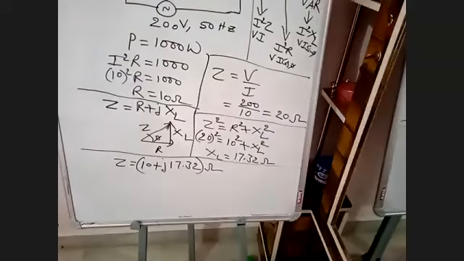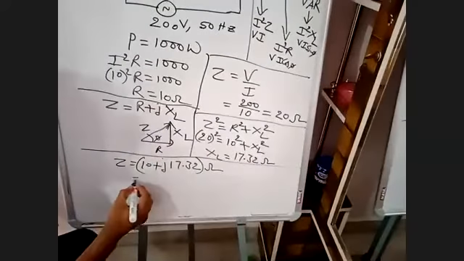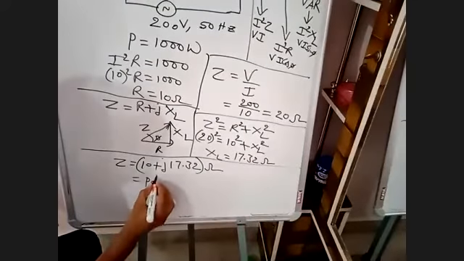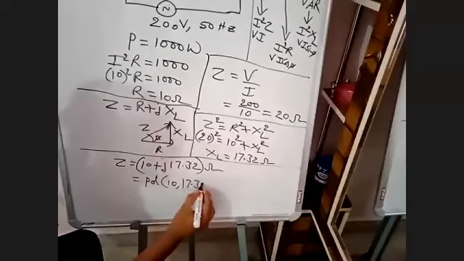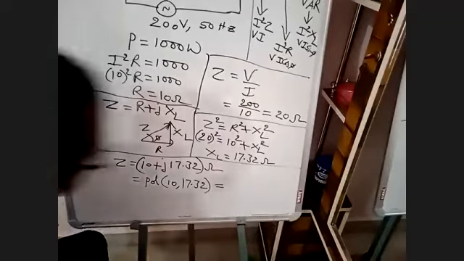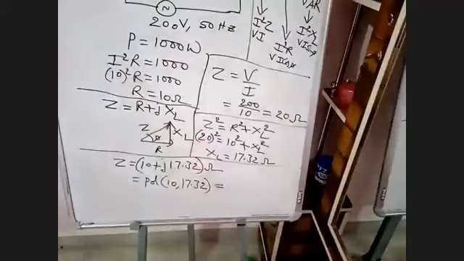The second bit is polar form. In your calculator, POL is there. Go for POL. First write the real part, comma, imaginary part: 10, comma, 17.32.